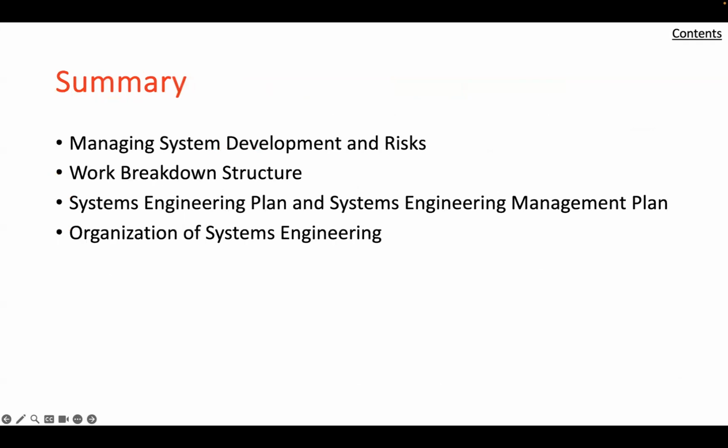Okay, just to finish up here, as a summary, first, management, system development and risk. System engineering is a part of project management that provides technical guidance, system integration, and technical communication. The program manager, project manager, and system engineer all play key roles in the management, budgeting, and execution of the system.